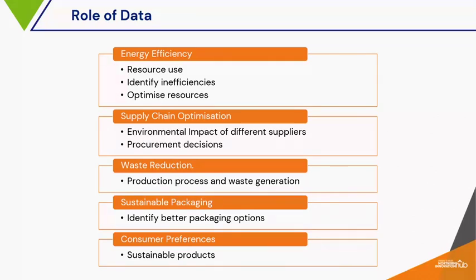So this is the importance of the role of data in addressing these hotspots, particularly to improve environmental sustainability and performance, but also this will ultimately translate into enhancing operational efficiency or meeting consumer demands for sustainable products.